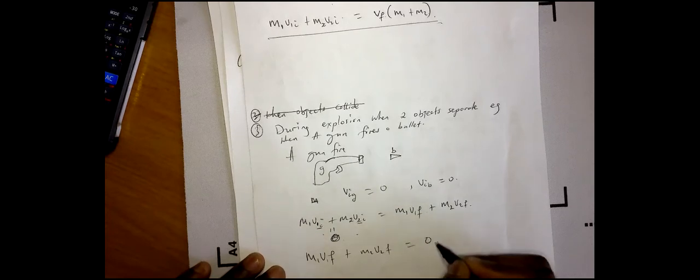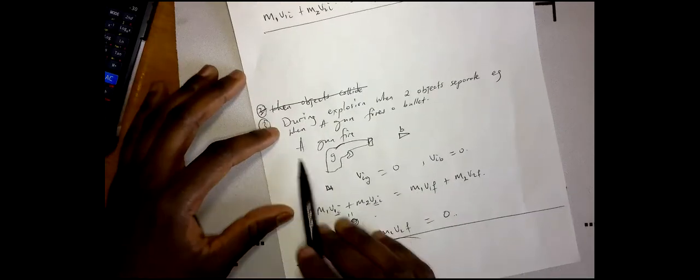The left side will give you 0 because both of these are zeros. So your general formula here will be that this is equal to 0. So the general formula in that case will be m1 v1 final plus m2 v2 final equals 0. That's what you just have to think of whenever you're given a scenario of explosion.